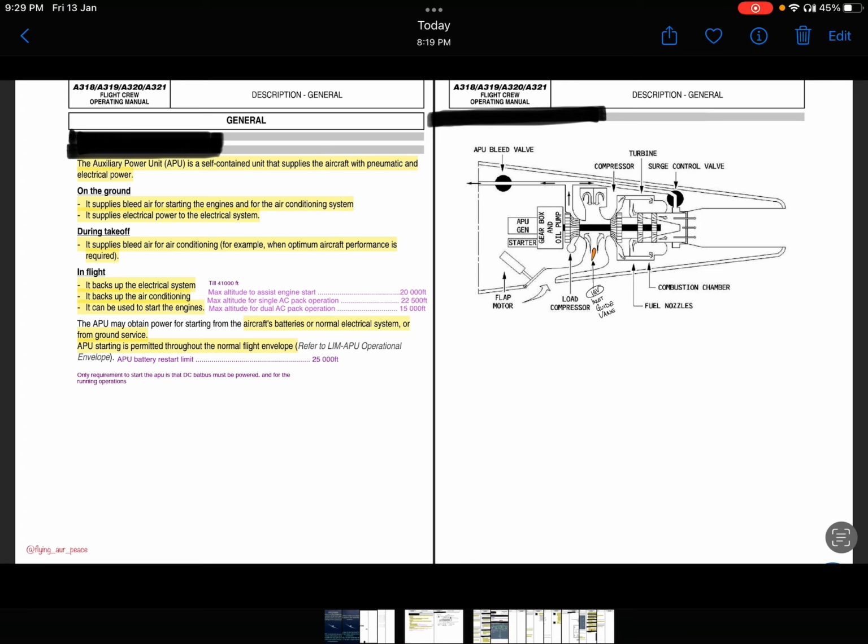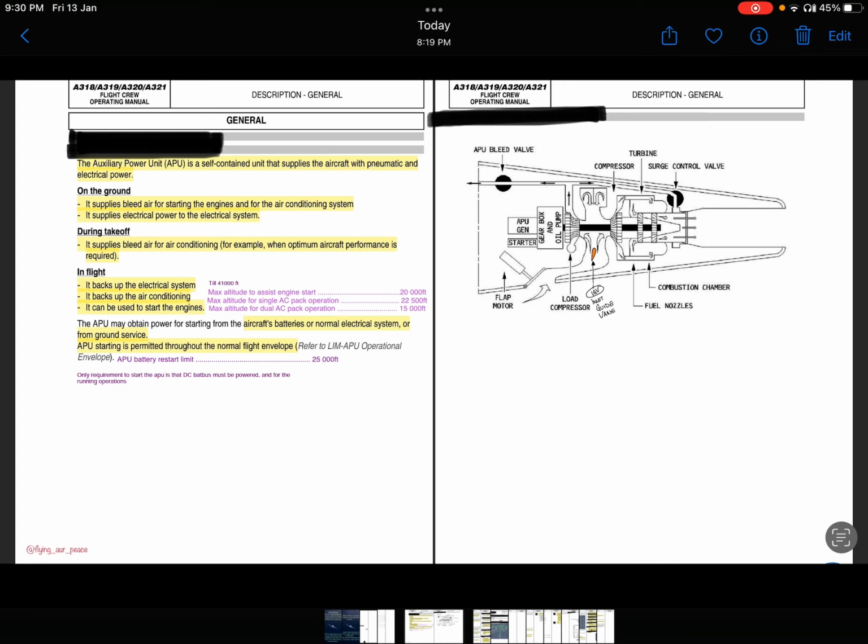APU can start an engine at or below 20,000 feet. If you want to use APU for air conditioning, then a single pack can be used at 22,500 feet and below. If you want to use two packs, both AC packs, then you can use them at or below 15,000 feet.